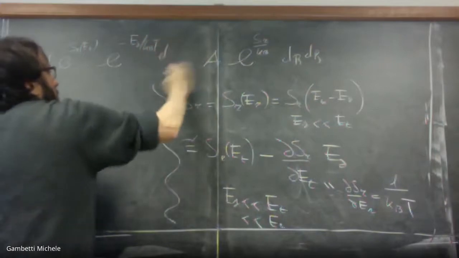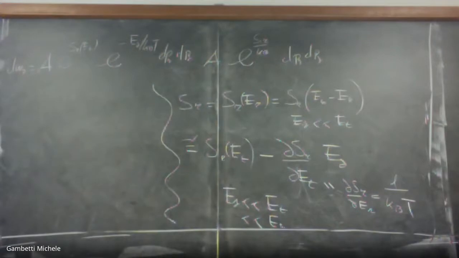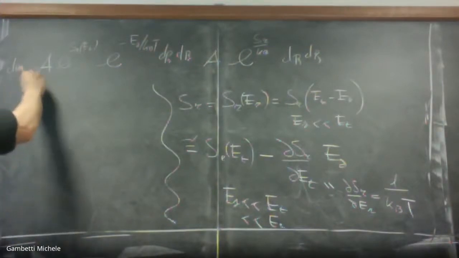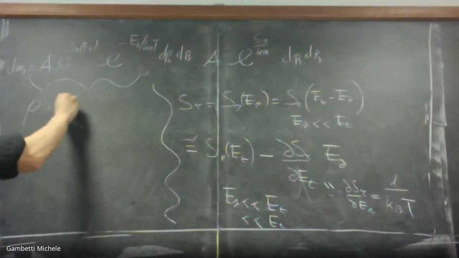And then I have dPS dQS. Okay? Now, let's see how I did it. So basically, this will now be rho, which defines the canonical ensemble.